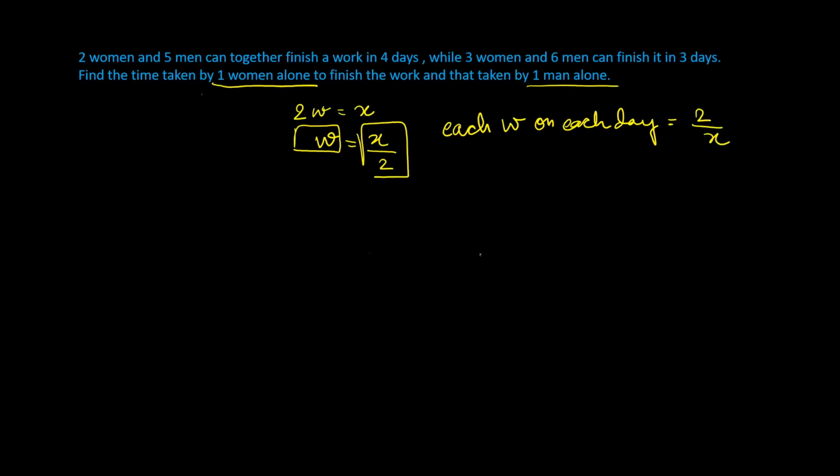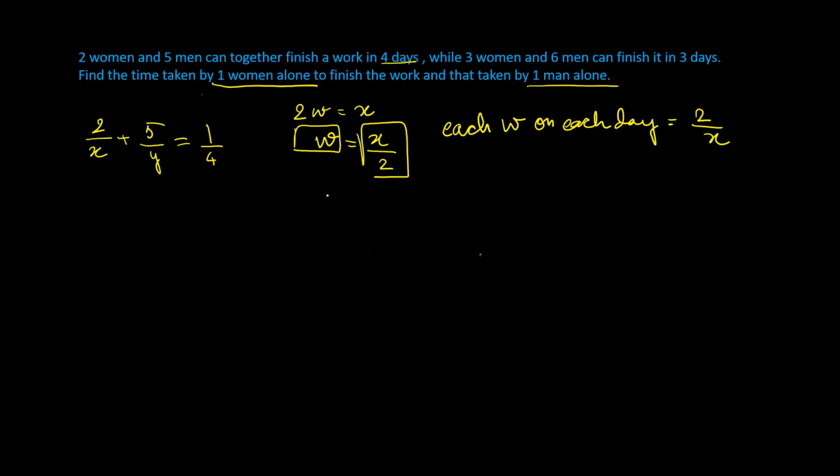Now if I have 2 women, I'll write 2 by x. Now suppose we consider the time y for the men, so I'll write plus 5 by y, and that is equal to 1 by 4. Why 1 by 4 when I have 4 days here?